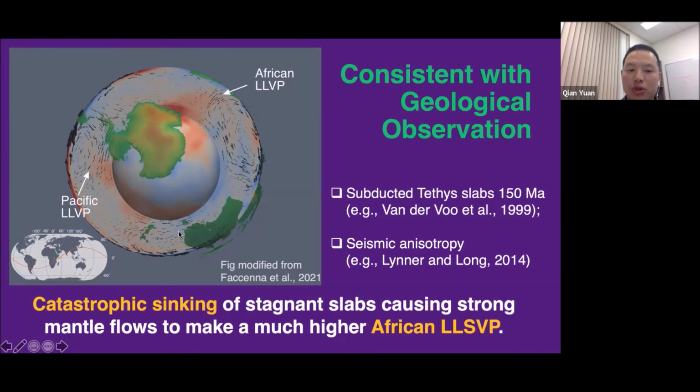But when the cold downwellings started to push the Pacific LLSVP is still unknown. So together, we think this catastrophic sinking of stacked slabs may cause a strong mantle flow that makes a much higher African LLSVP.